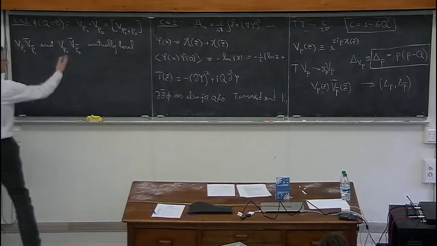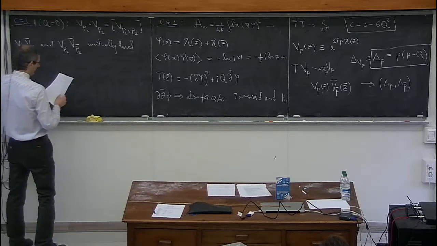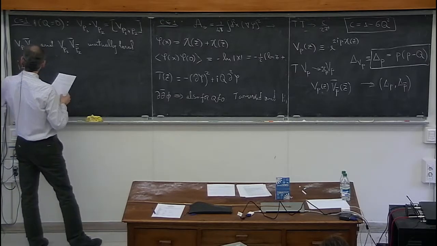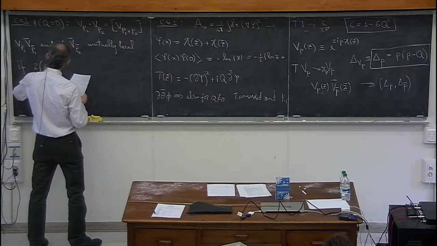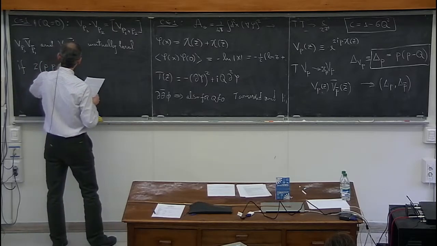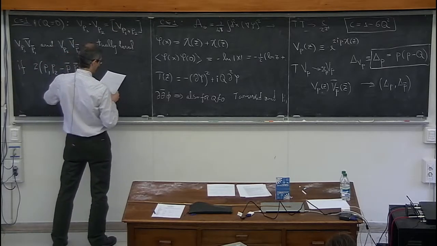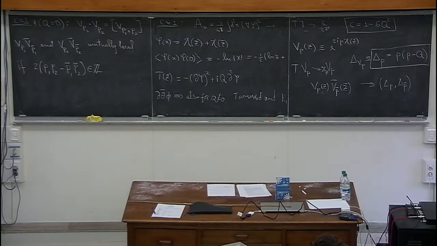So we know the definition of mutual locality, we know the OPE, which is what we need to do this, and you can check that this requires that twice P1 P2 minus P1 bar P2 bar is an integer. So this is the general condition of mutual locality for two fields.